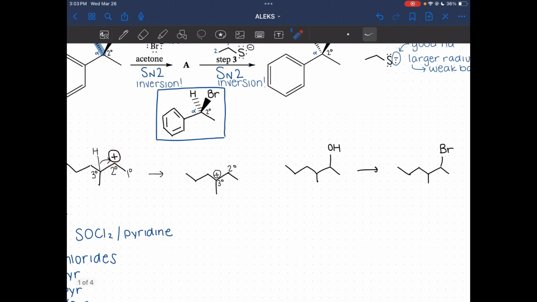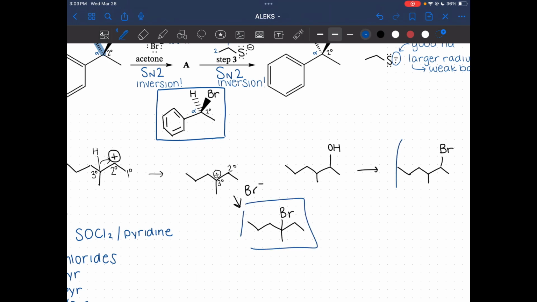But this carbocation, like any other carbocation, is prone to shifting, which is what we did. Now see how this carbocation is at a completely different spot than where we see this bromine end up attaching. So we know that we can't make the carbocation, because my product, if I added a Br minus in here, I'd end up getting this. And these two things obviously do not look the same.